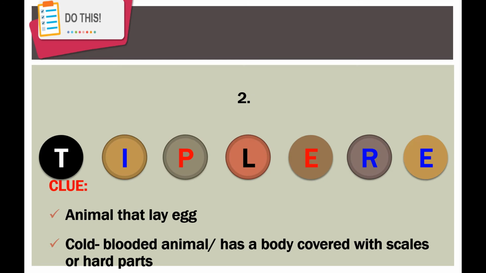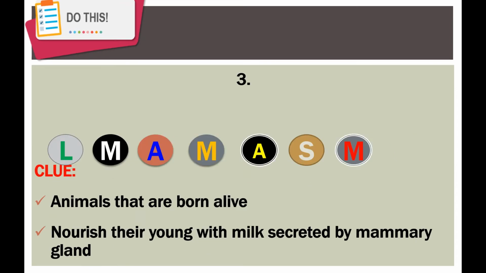Number 2, animal that lay egg. They are also cold-blooded animal and has a body covered with scales or hard parts. Number 3, animals that are born alive. They nourish their young with milk secreted by mammary gland.